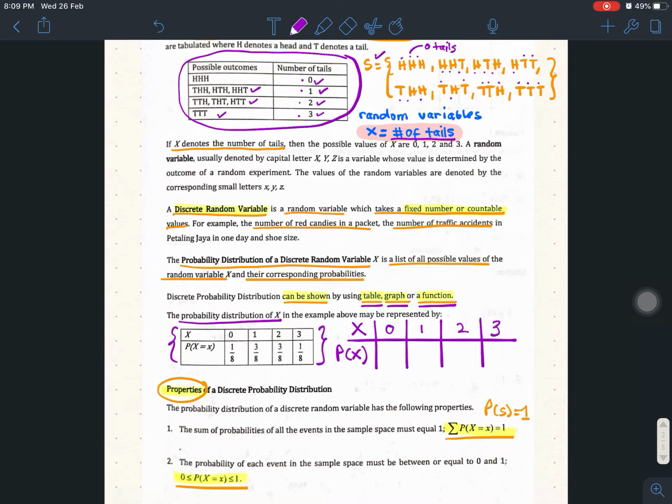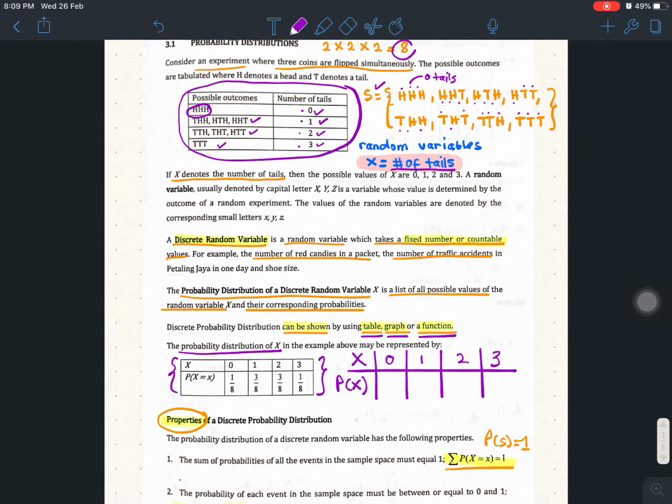Now for 0, how many possible outcomes are there? There is one possible outcome, out of a total of 8 samples. So the probability is 1 over 8. Now for 1, how many? 1, 2, 3. So the probability is 3 over 8.